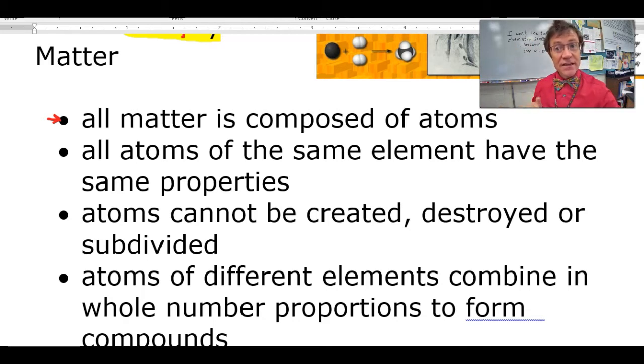The next thing he said, now this angered some people, is that all atoms of the same element have the same properties, no matter what. Okay? What that means is that if you have a piece of gold over here, it is the exact same as the piece of gold over here. So if you have a piece of gold that is just a circle, it is exactly the same as this other piece of gold that is in the shape of a holy relic that has holy water sprinkled on it.